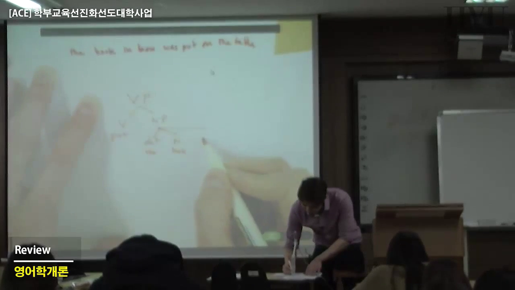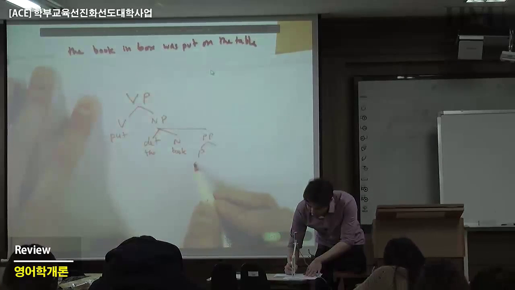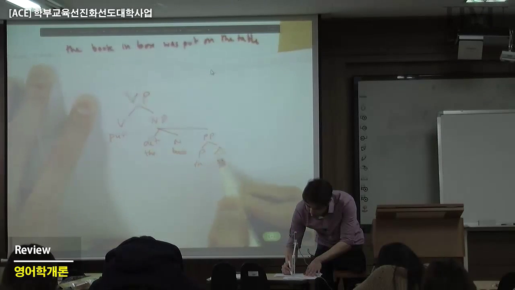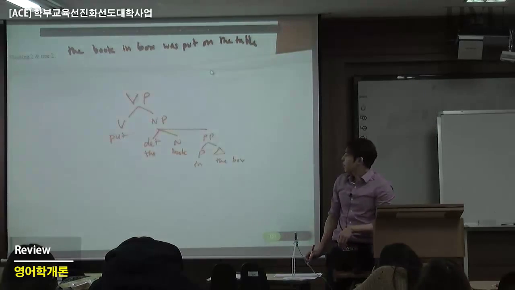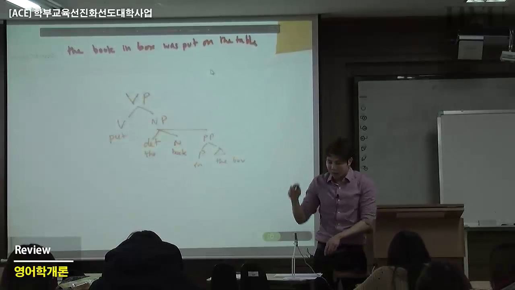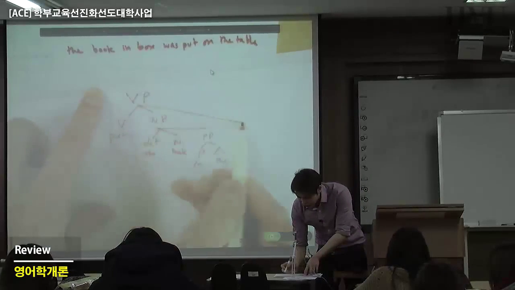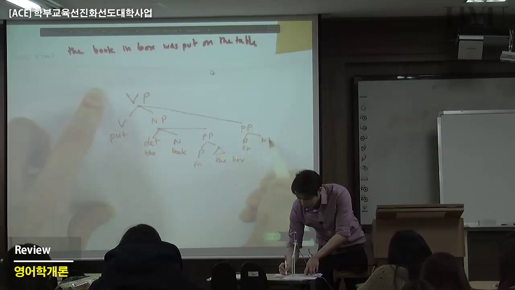And then PP, P in the box. And then since it modifies the VP, right, the prepositional phrase on the table will be here. P on and then NP, the table.